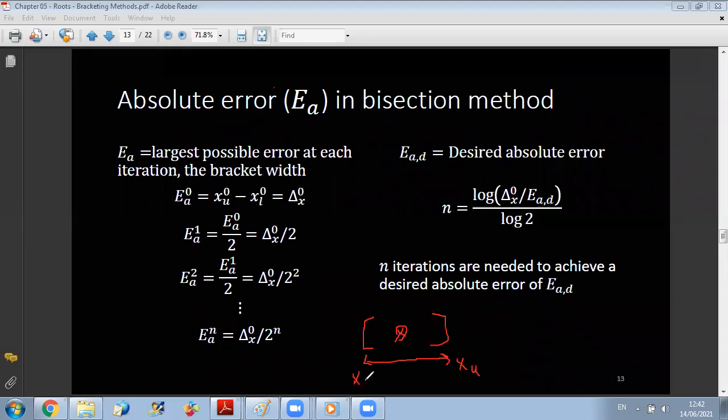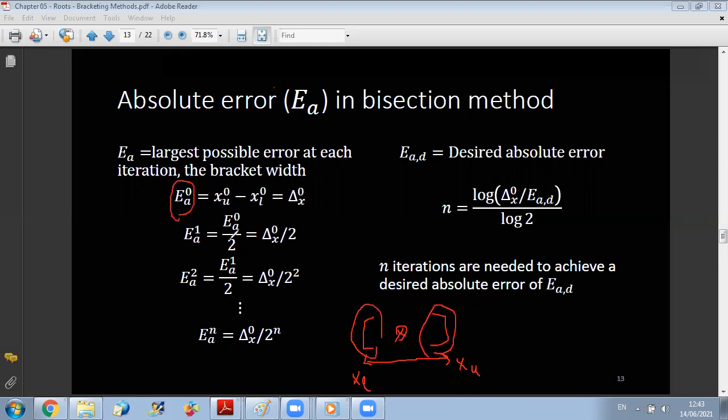So for any bracket you have, at any stage you are, you can say that the absolute error is equal to the length of the bracket. So to start with, even before doing any iteration, already your absolute error is equal to xu minus xl. You cannot have a larger error, because already I am sure that the root is in this bracket as long as f at this end times f at this end is negative.